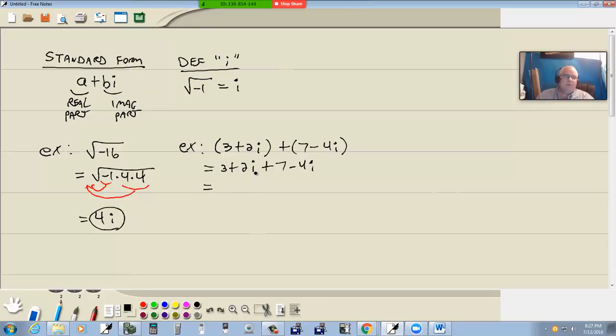When you're working with complex numbers, you treat the i's like a variable. So 3 plus 7 is 10. And if these were x's, if I had 2x minus 4x, I'd have -2x. Same principle. So we've got 2i minus 4i. That gives us -2i. And that'd be our answer.